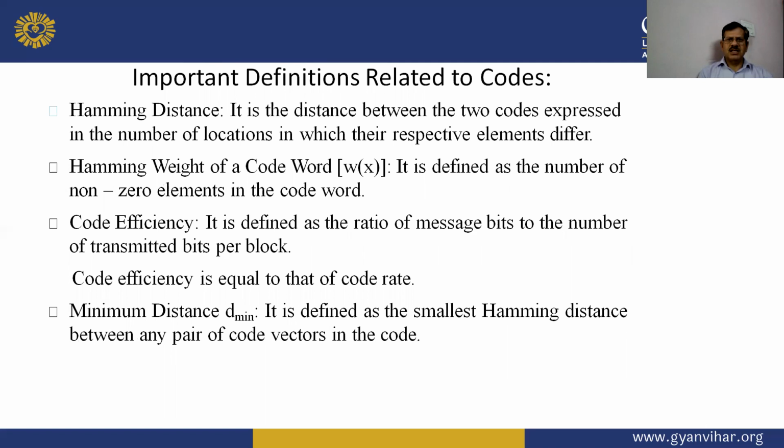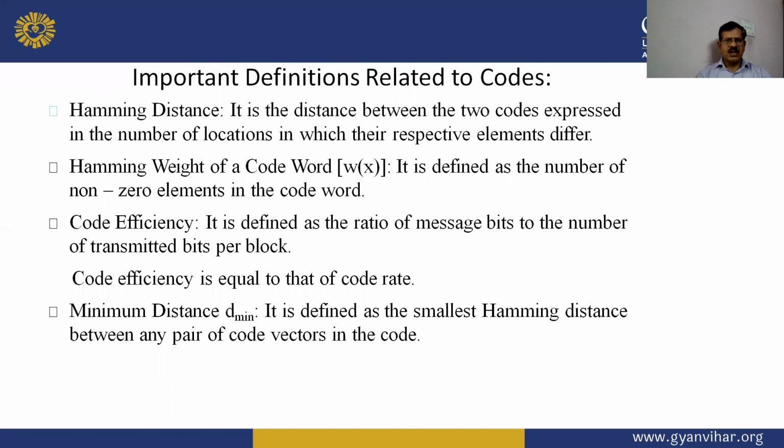It is the distance between two code words, expressed as the number of locations in which their respective elements differ. Hamming weight of a code word, w(x), is defined as the number of non-zero elements in the code word.